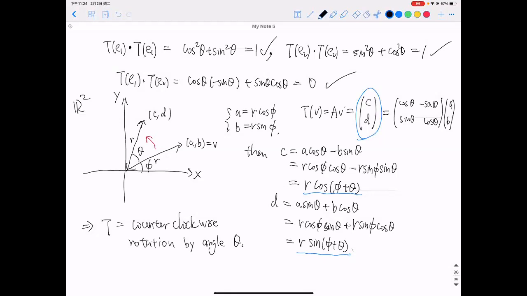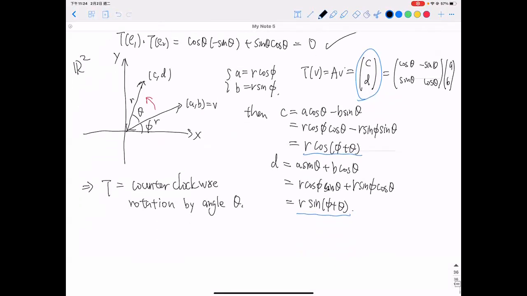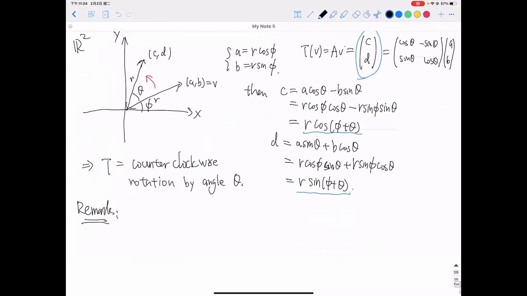Good. Now one more thing, as a remark. Let's say you have a linear transformation that is orthogonal. Suppose T is given by a 2 by 2 matrix A, as we've seen before.